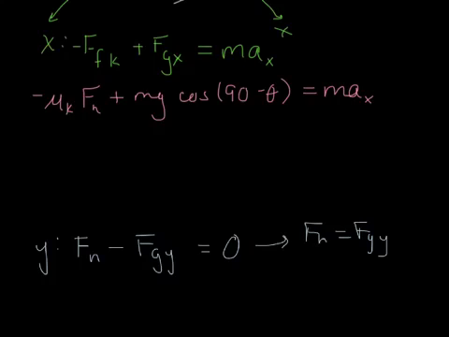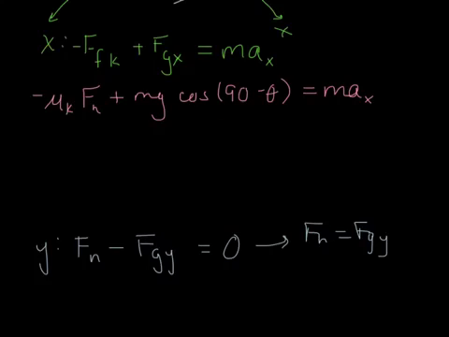But Fgy is what? The weight in the y direction. Look up here. This was the weight in the x direction, right? So what would the weight in the y direction be? What's the only difference? So what would it look like?